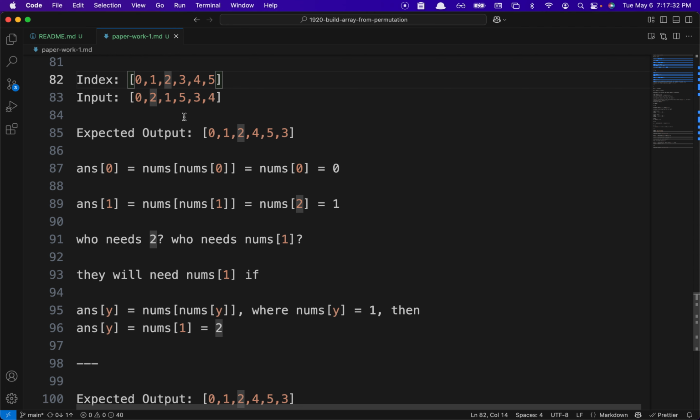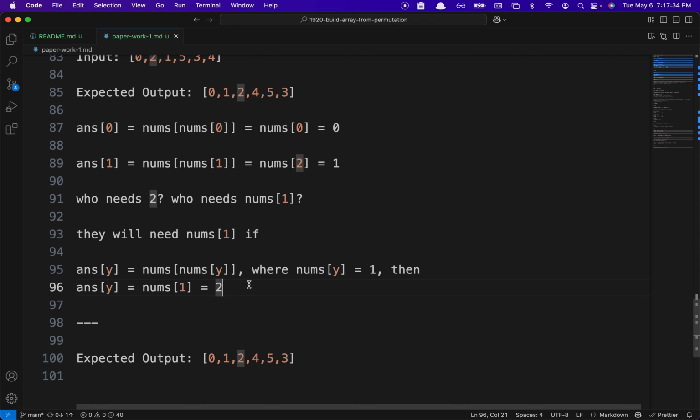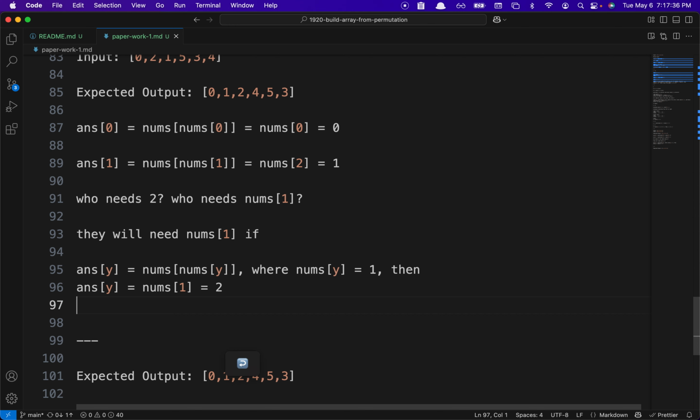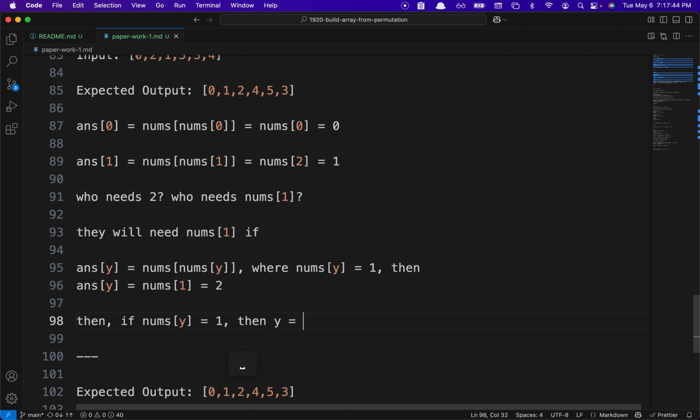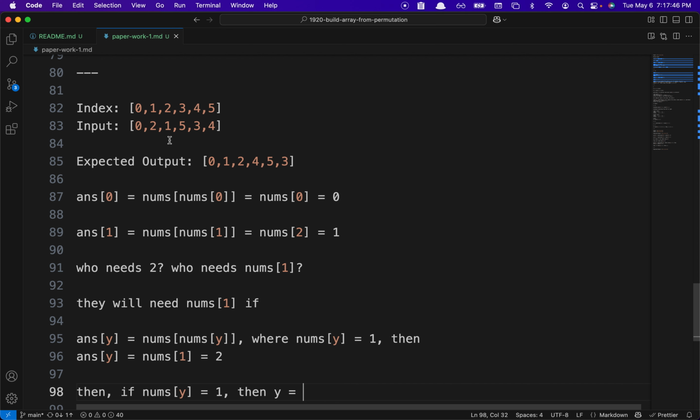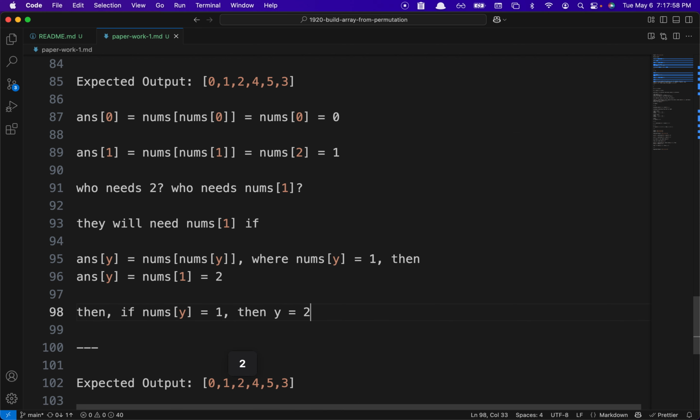So for this index 2, where nums of y is 1, then y equals 2.